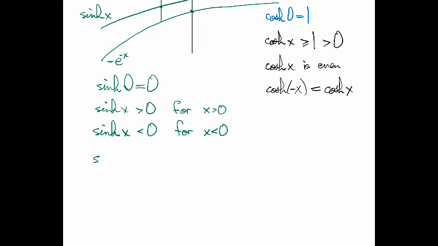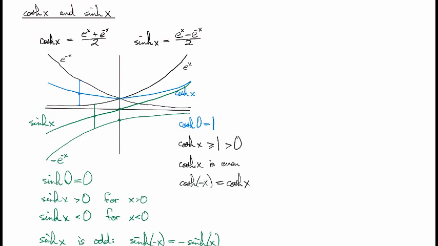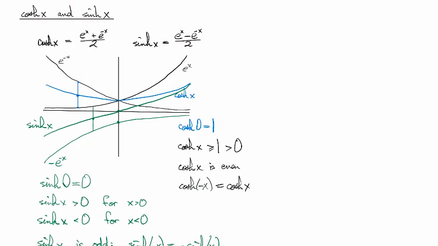And we also see that sinh is odd, meaning that sinh of minus x is equal to minus sinh x. Okay, so there's a bunch of facts about the hyperbolic sine and cosine functions. That's really all you need to know. Those are the essential facts. Key point: cosh of 0 is 1 and sinh of 0 is 0. That's what comes up the most in this particular course.